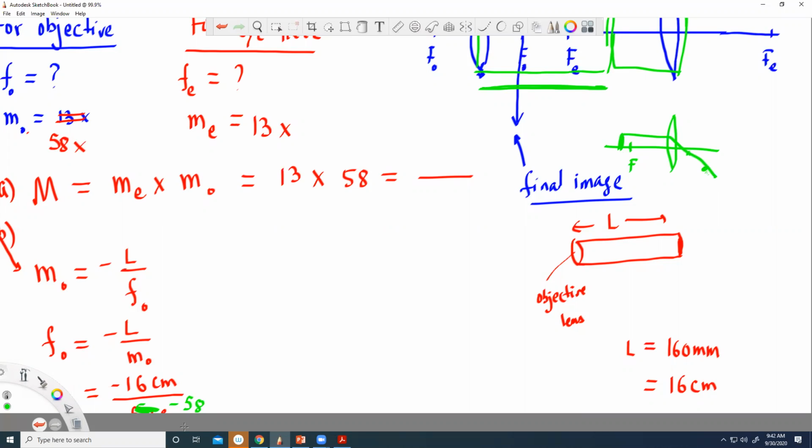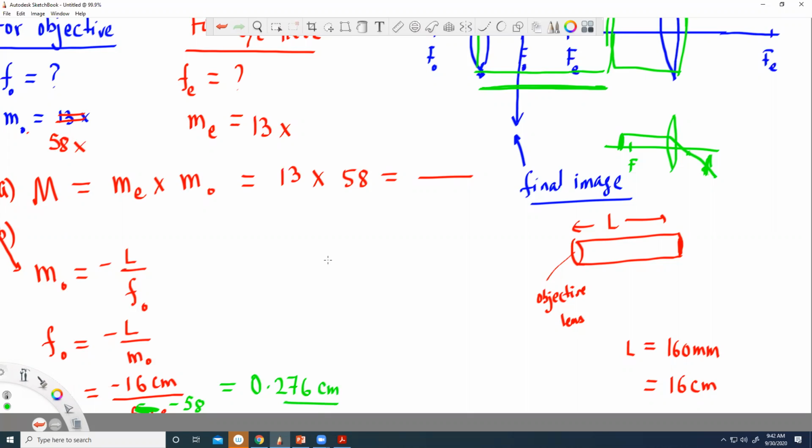That's where you need to use the sign convention. For an inverted image, you need negative magnification. So let's do the calculation: 16 over 58. Let's see what you get. 0.276. That's the focal length, in centimeters.